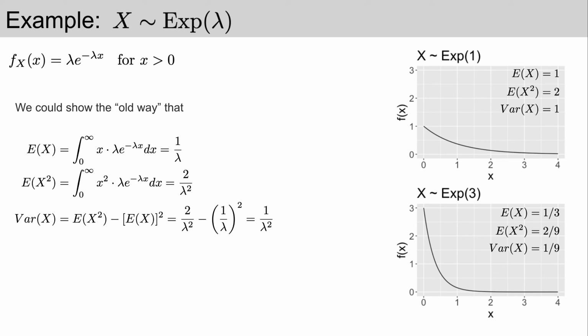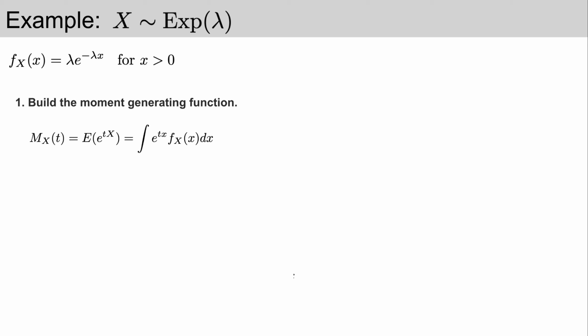For practice, let's calculate these moments using a moment-generating function. In order to do this, we first need to build the moment-generating function. Just as is true for PDFs or PMFs of common models, we could look up existing formulas for the moment-generating function. However, let's build the MGF from scratch for practice.